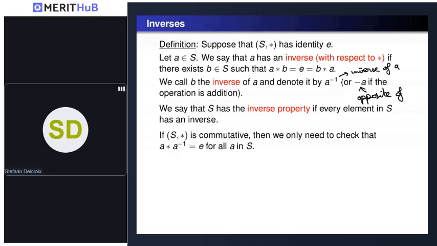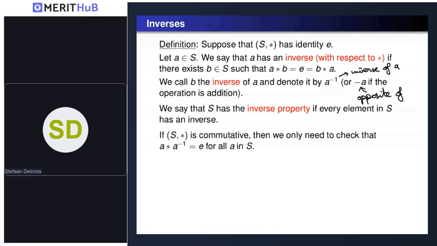But again, it's very important to realize that this is just a notation. It's a very good notation. We will see in all our examples that this behaves like -1 times a. But in general, it's just the opposite of a.